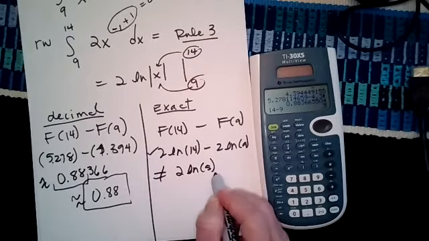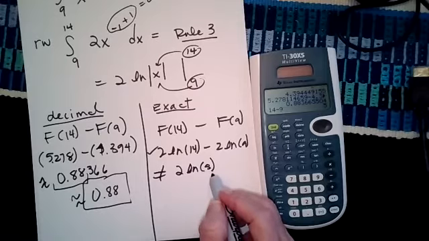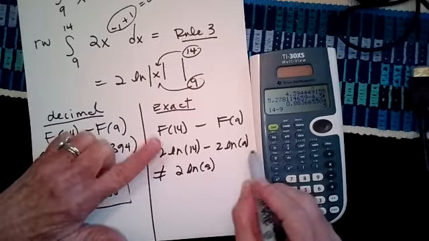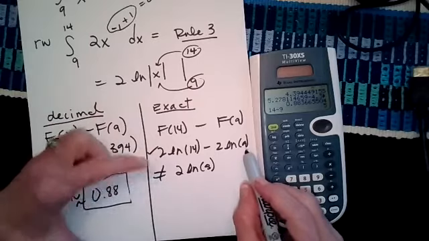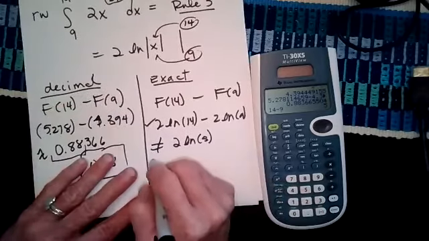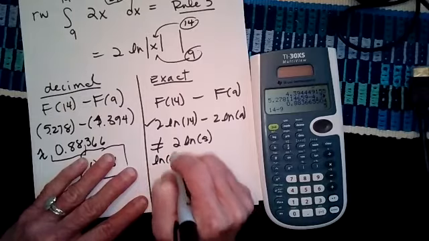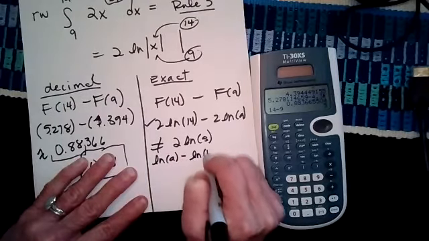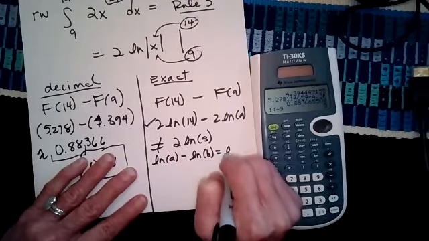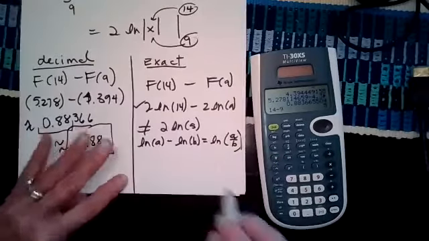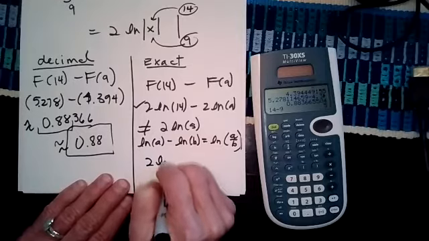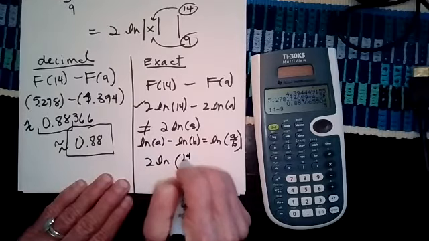Okay, so that's where a lot of the mistakes come in. It's like you can't subtract 2 different arguments of the ln. So they use a property of logarithms that says the ln of a minus the ln of b, this is from algebra, is the ln of A over B. Okay, so they want to call this 2 ln of 14 over 9.